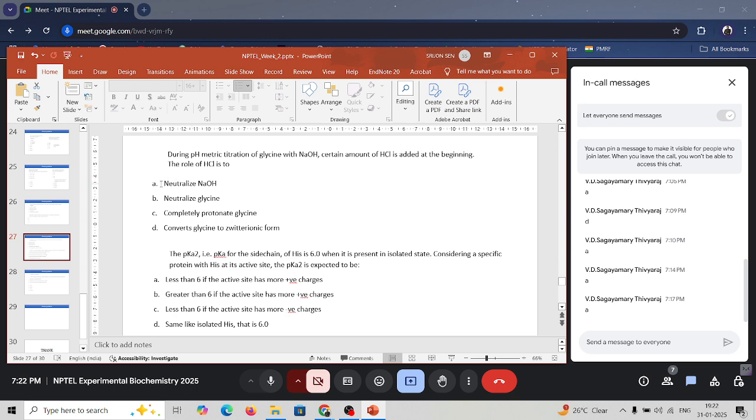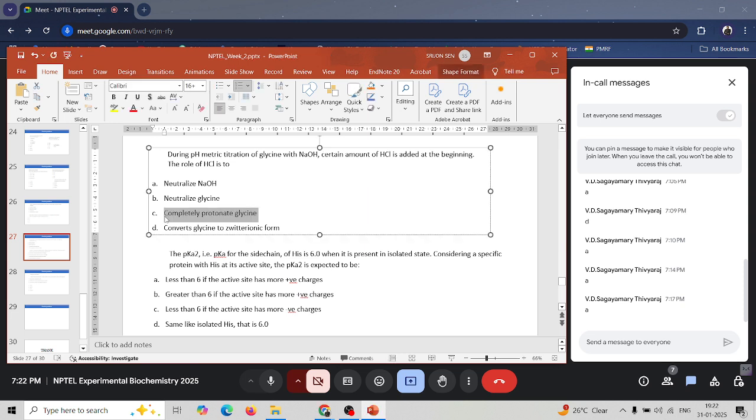So it is not for neutralizing NaOH, as you have not yet added NaOH, because it's added in the beginning. It's not for neutralizing glycine, rather it is for completely protonating the glycine.